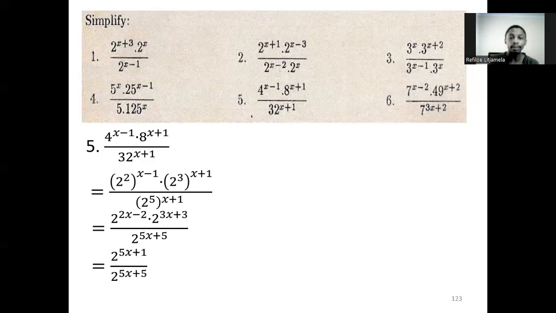I will write this as a single base and take the whole of the denominator exponent and subtract it from the numerator exponent. You will be left with 2 to the exponent of minus 4.